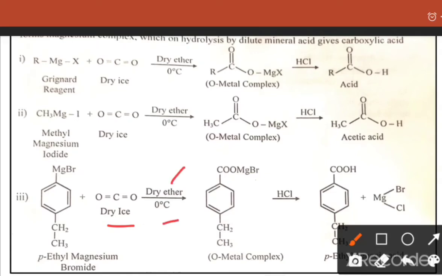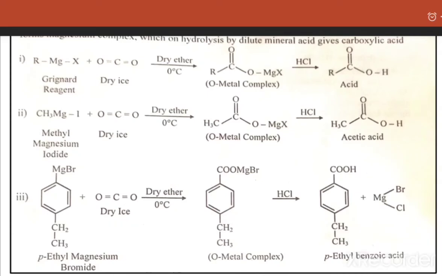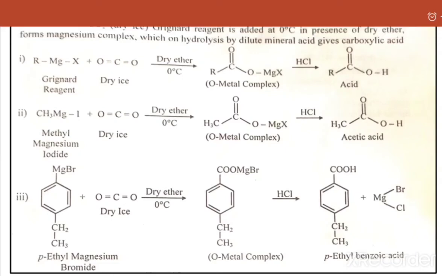Here we first get the magnesium complex. Here Ph C(=O)OMgBr plus CH2CH3. Now it undergoes hydrolysis by using HCl. Here C(=O)OMgBr will be converted into C(=O)OH. That means now we get para-ethyl benzoic acid.